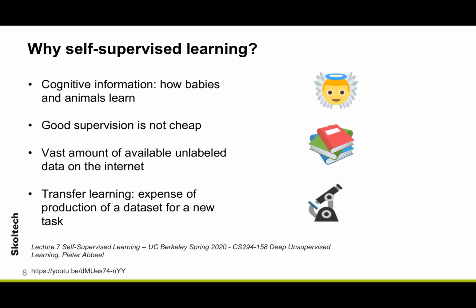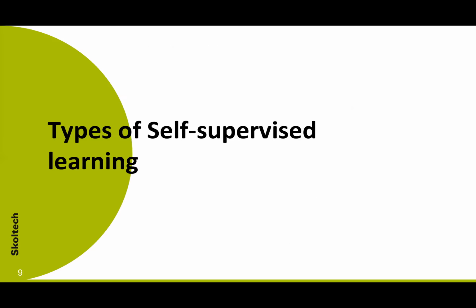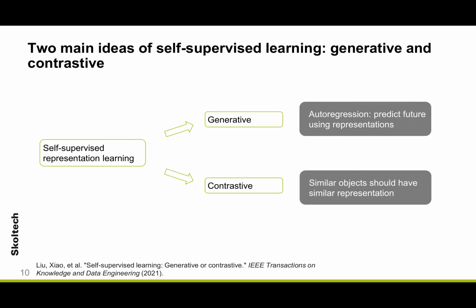So actually, there are a lot of reasons to think about self-supervised learning, and many of them are related to similarity learning, and you will see shortly why. Okay, so let's try to split all approaches in self-supervised learning into two main types. I would like to call them generative and contrastive. The generative type of self-supervised learning is something like autoregression, for example.